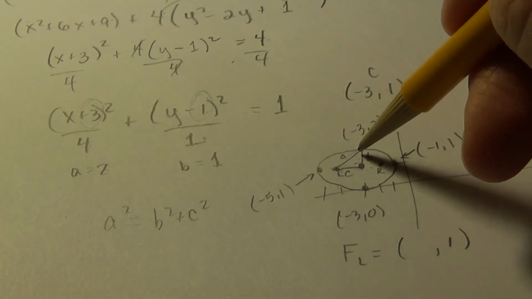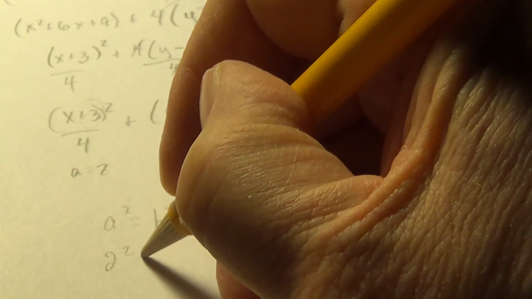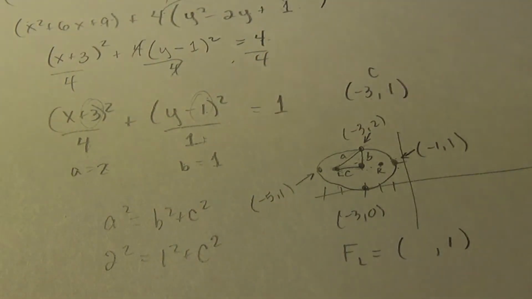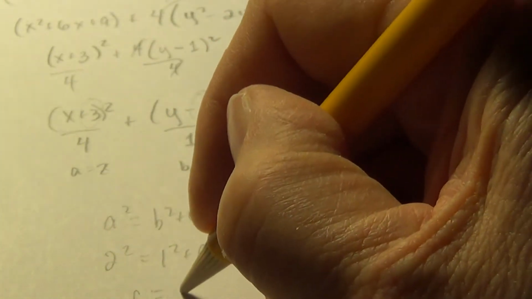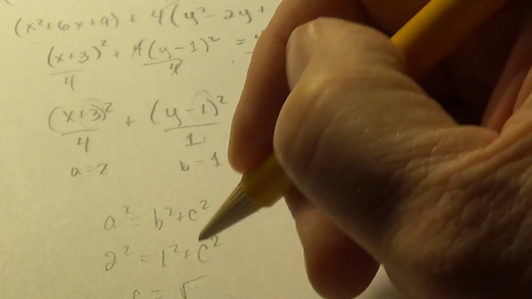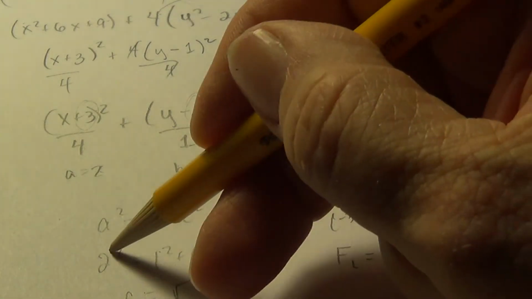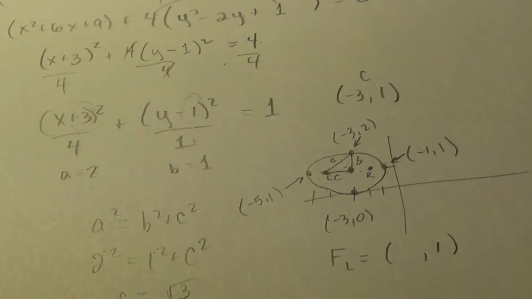And A is 2, B is 1, and that will help me find C. So C is going to be the square root of, do I have that wrong? I believe I do. C squared plus B squared equals A squared. That's right, never mind. So C is going to be the square root of 3.